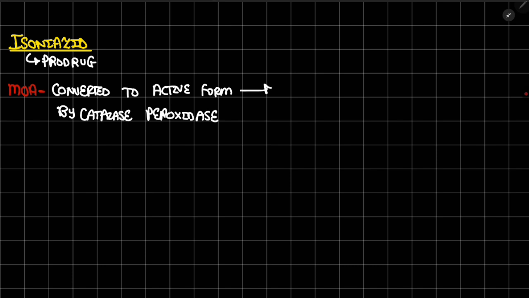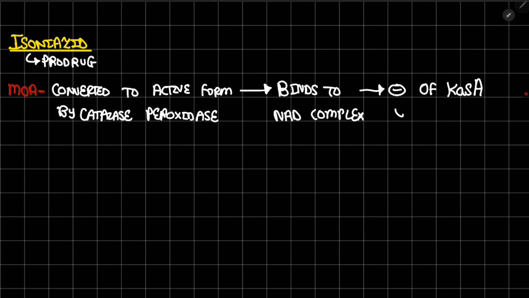Now once it is converted to the active form, what does it do? The active form binds to the NAD complex and forms another complex. This further leads to inhibition of Cas-A and INHA enzymes.